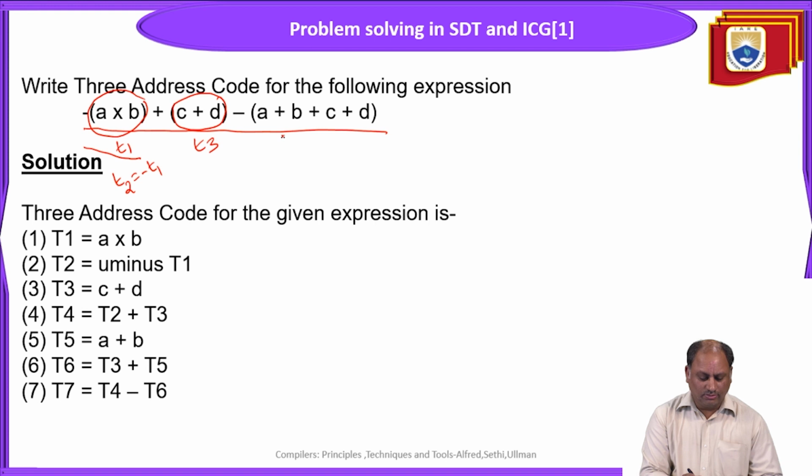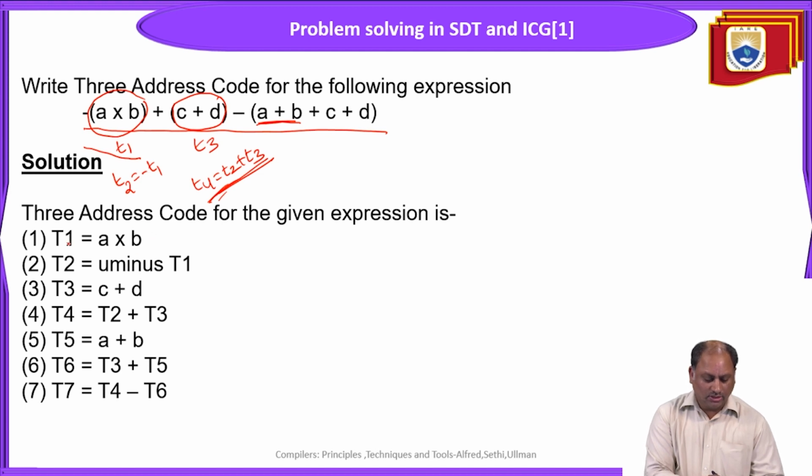Now t4 equal to t2 plus t3. Once again, we will get a plus b, which we have already arranged.